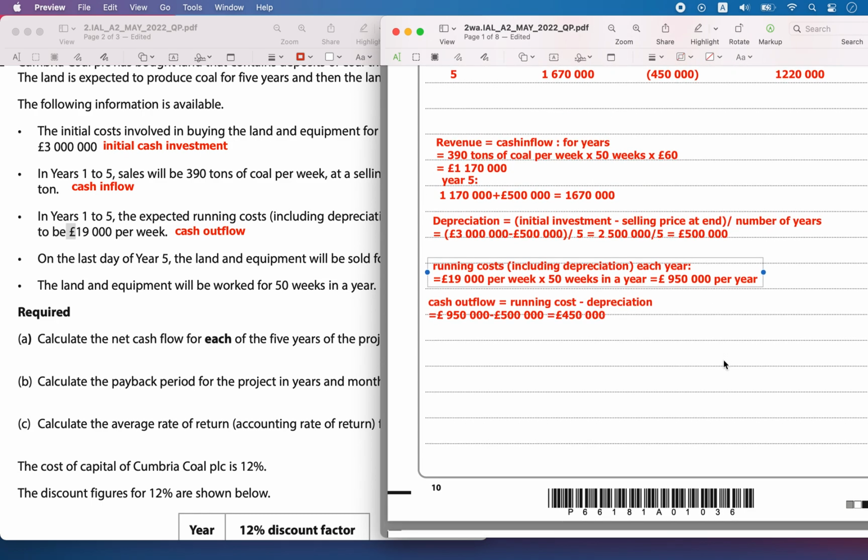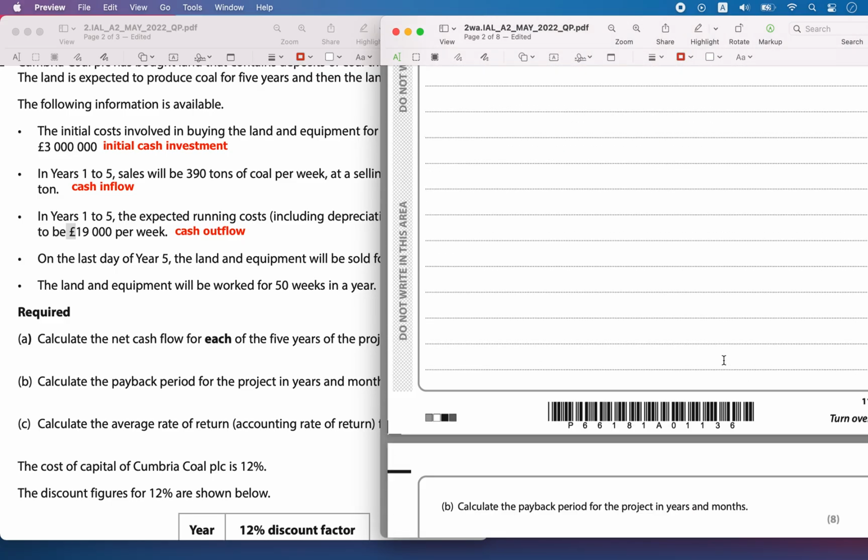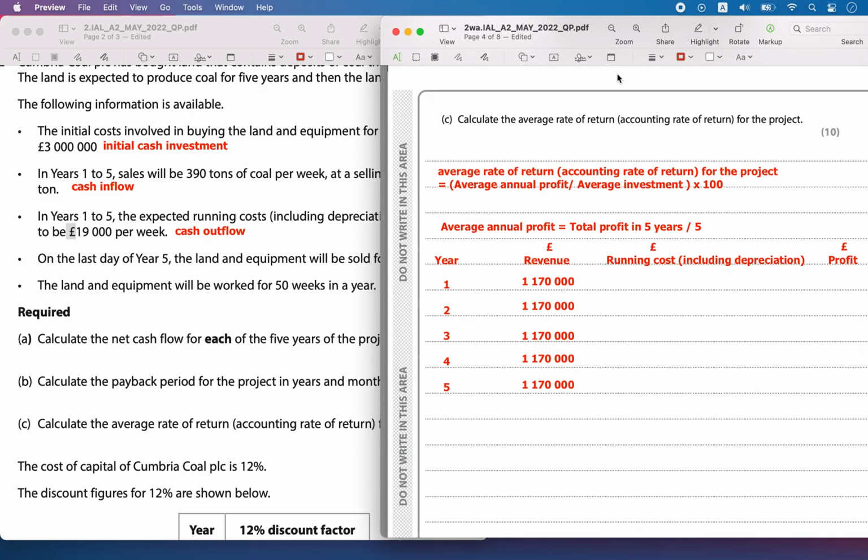This includes the depreciation cost also, so we will include that. It is 950,000 each year.